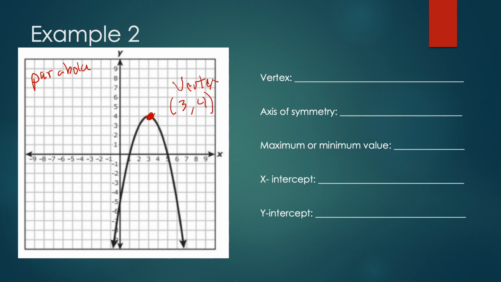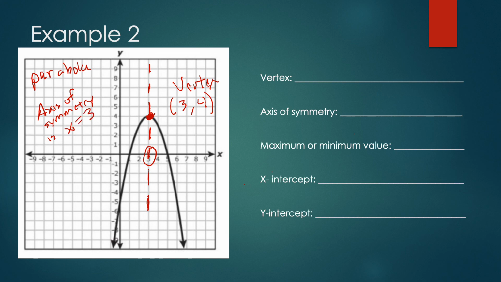Next thing I'm going to look for is the axis of symmetry. So now that I know where my vertex is, I'm going to draw a vertical line going straight down it. And so if I notice, it goes through 3 on the x-axis, so my axis of symmetry is x equals 3.